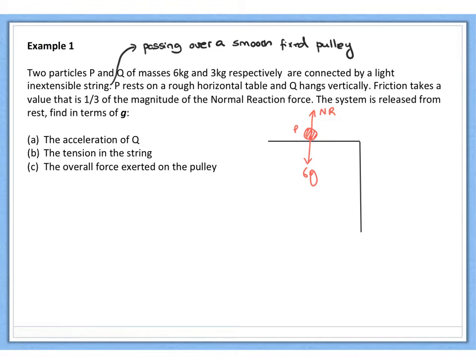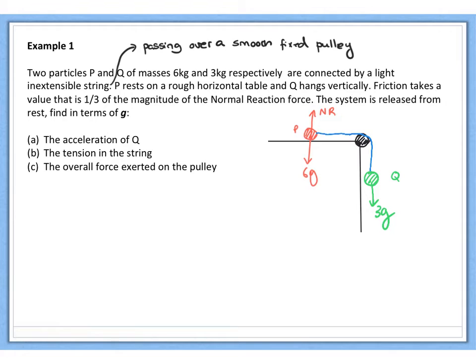Now P is attached to Q via a light inextensible string which passes over a smooth fixed pulley. So if this is our pulley over there, the string will pass over the pulley and then will be attached to particle Q. Now particle Q has a mass of 3g.